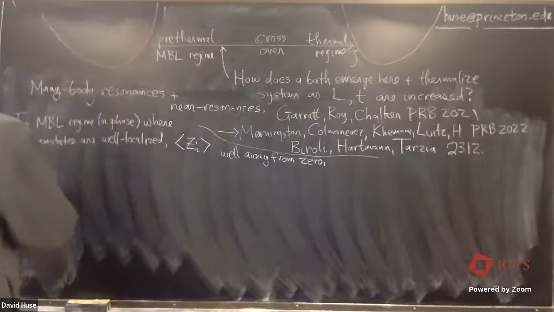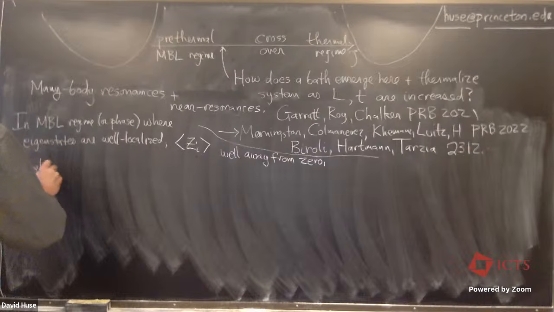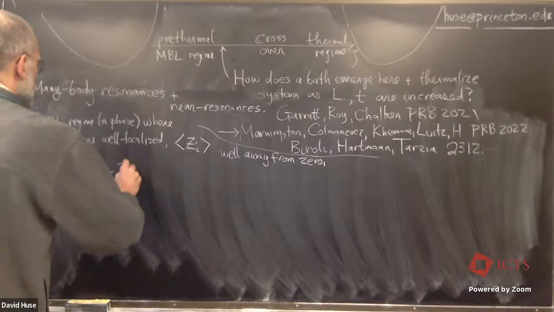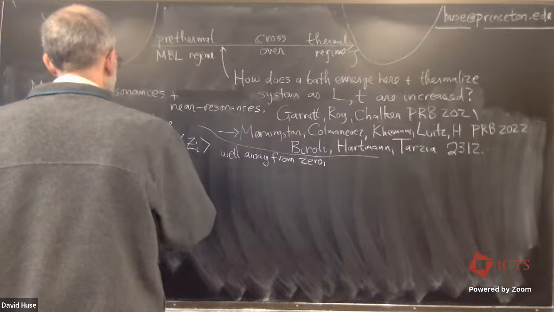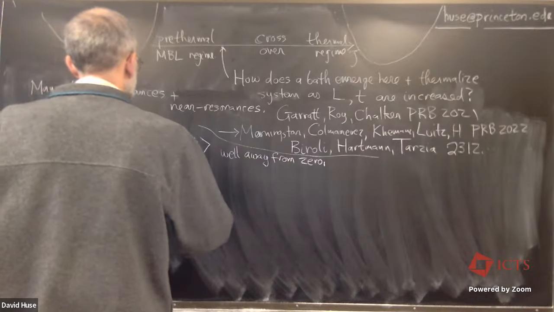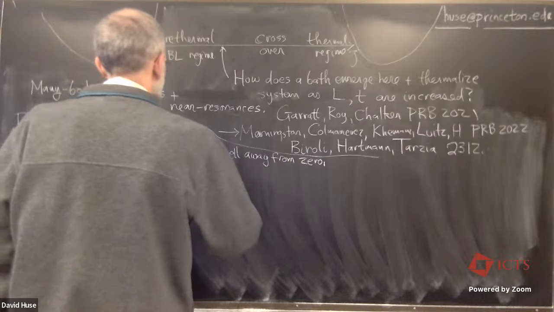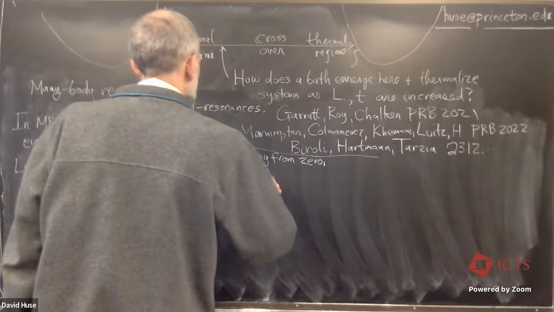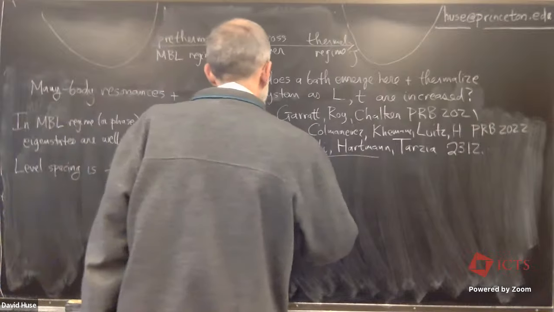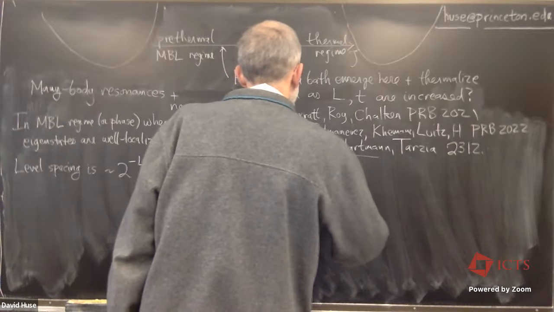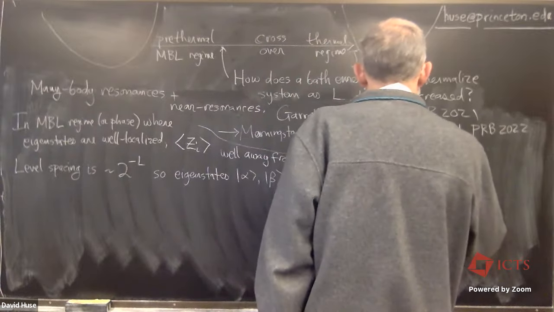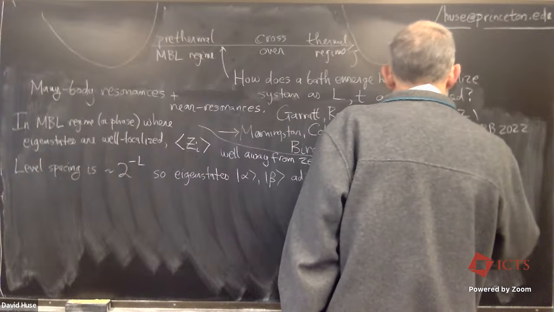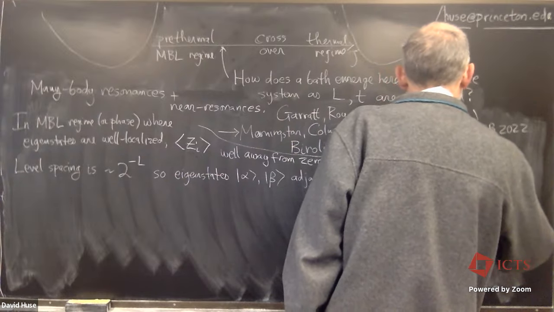Now, right. The level spacing, as I've emphasized, is exponentially small in L. So eigenstates alpha, beta that are adjacent in energy are, if not resonant, near resonant.